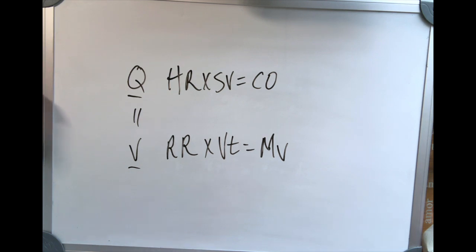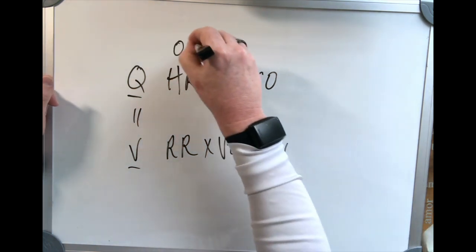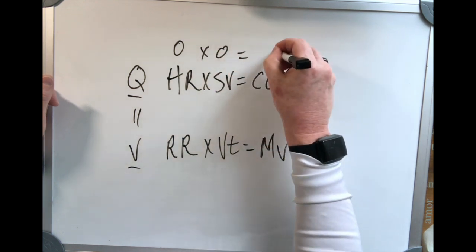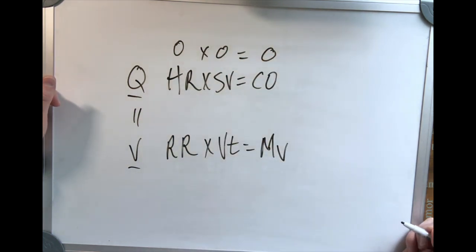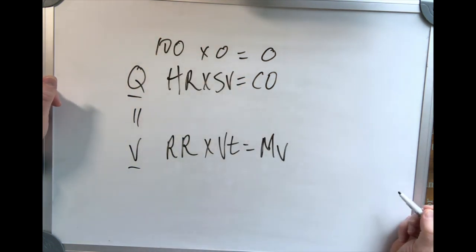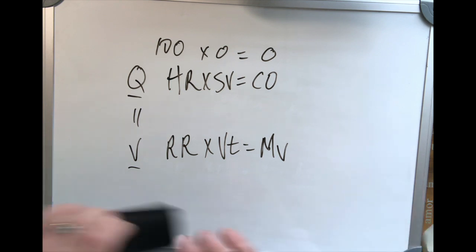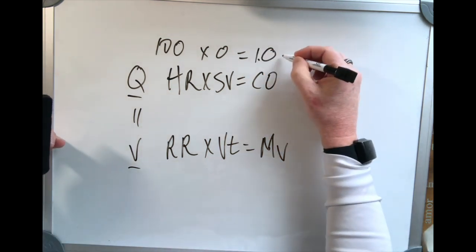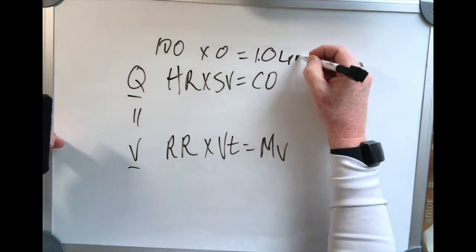So let's do an example here. Earlier we talked about cardiac arrest where the heart rate is 0, stroke volume is 0, that means the cardiac output is 0. So I come along and start doing compressions at a rate of 100 compressions per minute, and what I end up moving there is 1.0, 1 liter per minute.